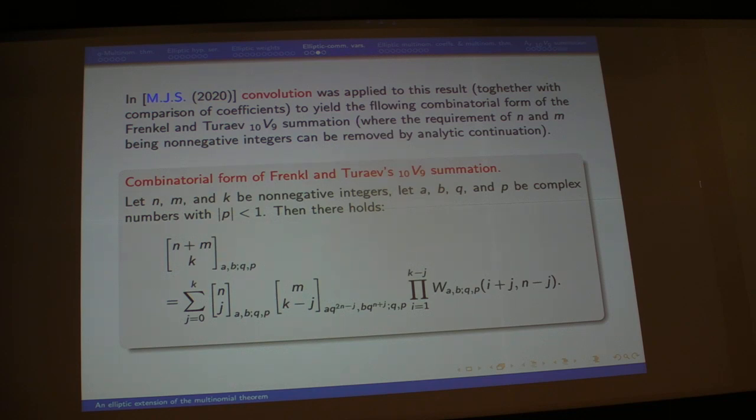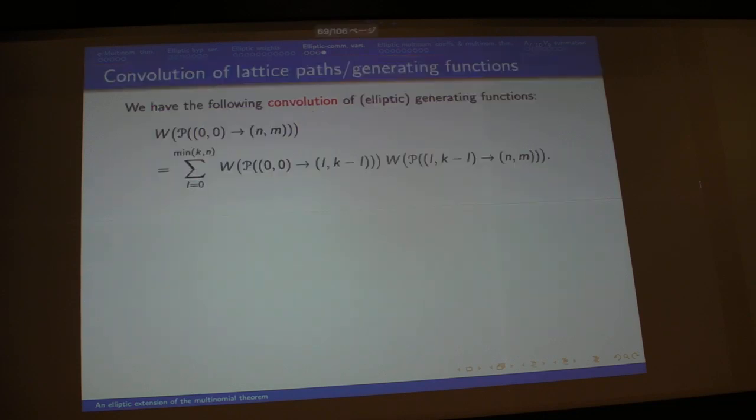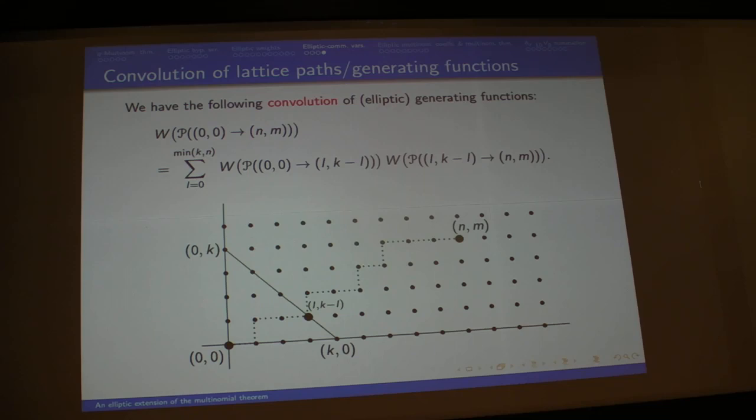So this is like a proof, but the proof is, you have not seen it, but convolution just means (x plus y) to the n is multiplied by another symbol product and expanded in two different ways. Combinatorially, maybe I just show you here, it means that if you sum from here to here, the generating function factorizes nicely, but you can also do convolution along a diagonal.